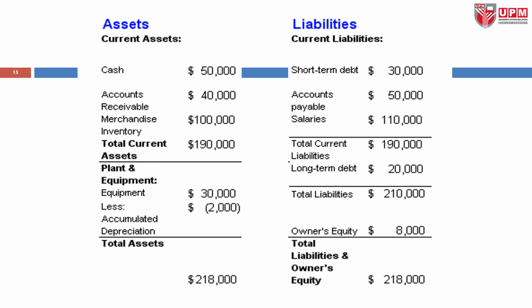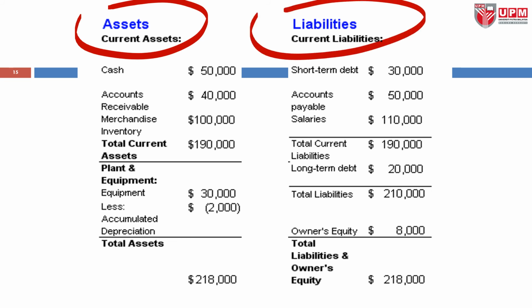As highlighted earlier, a balance sheet will have a list of the assets. We also have the liabilities. In the asset items, we have the cash, the accounts receivable, merchandise inventory, and total current assets.